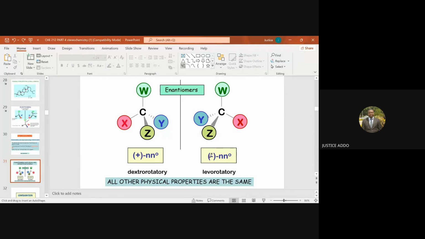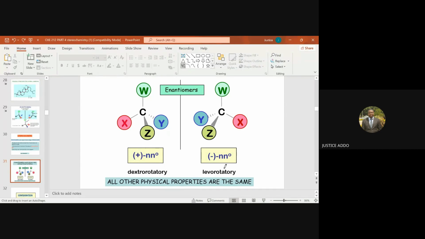The one on the right is what? Minus. Okay. And of course, when they rotate by the plus, which is the clockwise rotation, it is called dextrorotatory. And if they rotate by the minus sign, which is the anti-clockwise or the counterclockwise rotation, we call that one the levorotatory.